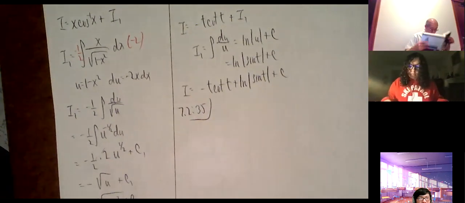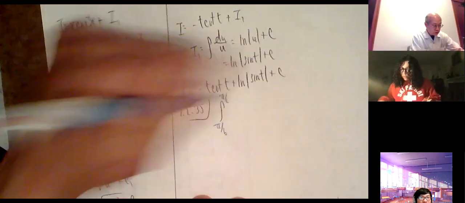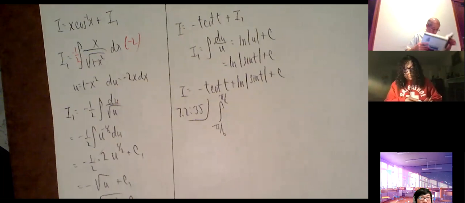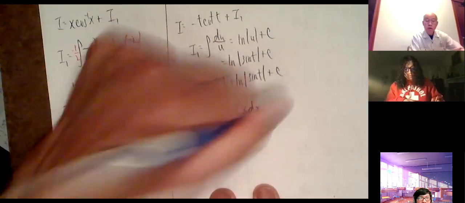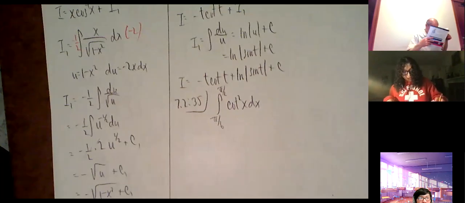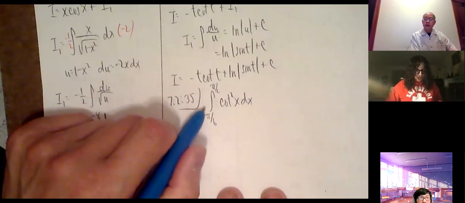35, pi over 6 to pi over 2. Cotangent squared. A trick for this is to make it cosecant squared minus 1.